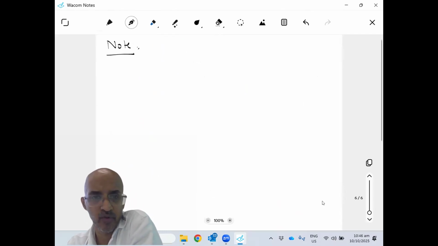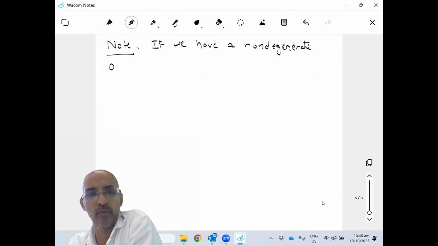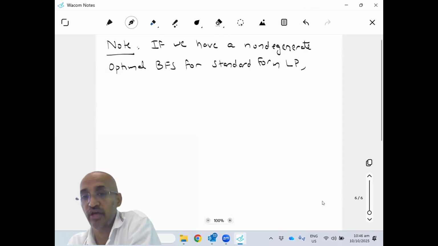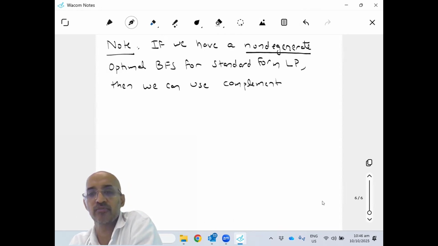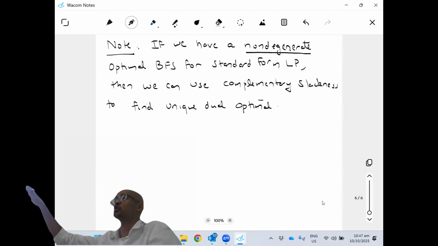It turns out that if we have a non-degenerate optimal basic feasible solution, let's say for a standard form LP, so there's an assumption here of non-degeneracy, then we can use complementary slackness to find actually a unique dual optimum.